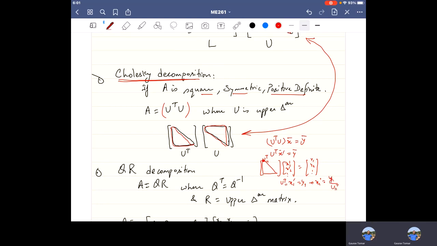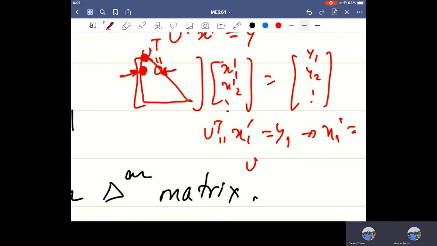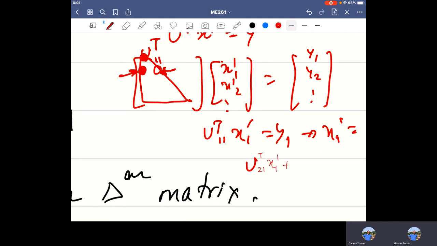Correct. Once you know x1 prime, the next equation has two terms, one of which involves x1 prime and the other x2 prime. You would have U21 transpose x1 prime plus U22 transpose x2 prime equal to y2.